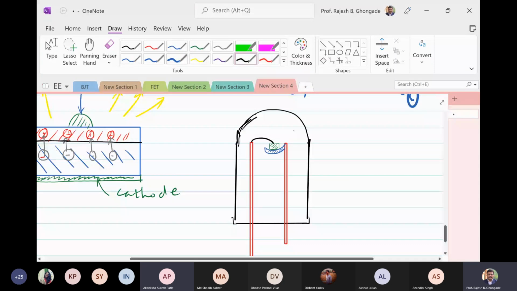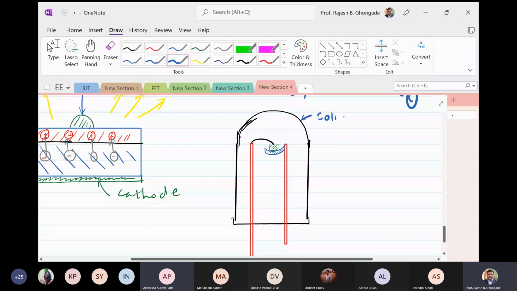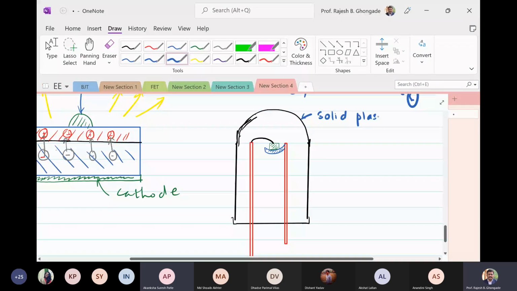So we have this kind of construction. This is a solid plastic. This is a reflector.